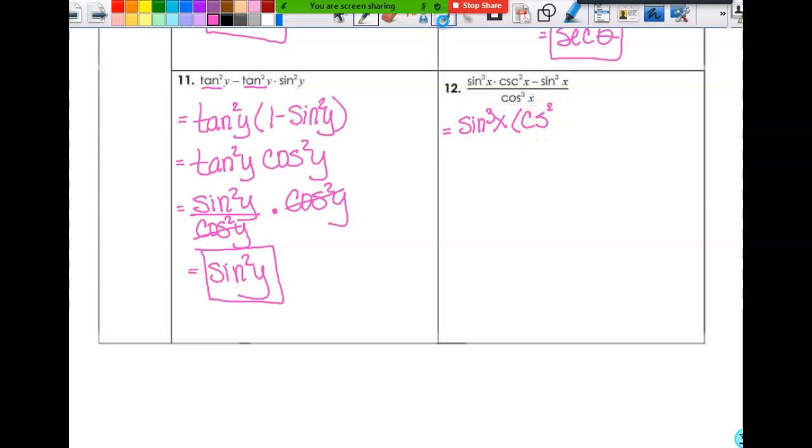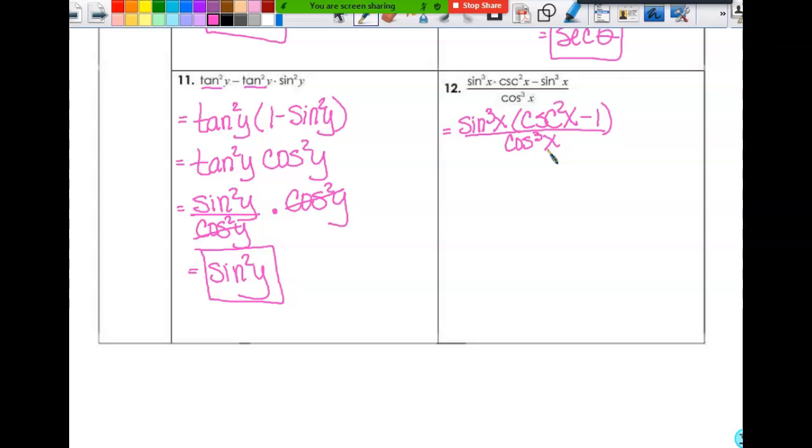Hang on, I'm saying the wrong thing. Cosecant squared x, once this catches up with me, minus 1, all over cosine cubed x. Okay. Everybody okay with that?